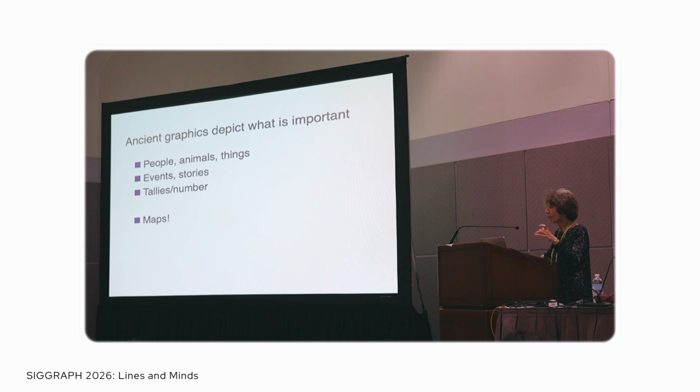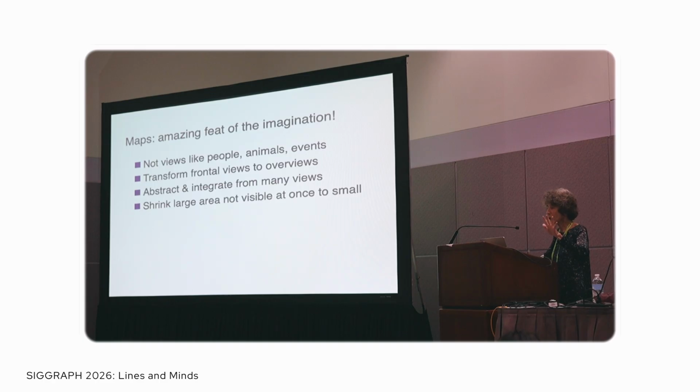And maps are the first real abstraction to be found amongst these ancient images. They're an amazing feat of the imagination. They aren't views like people, animals, events that you're looking at. You might be remembering them, I think, in a dark cave. You're making them from memory, not from seeing them.